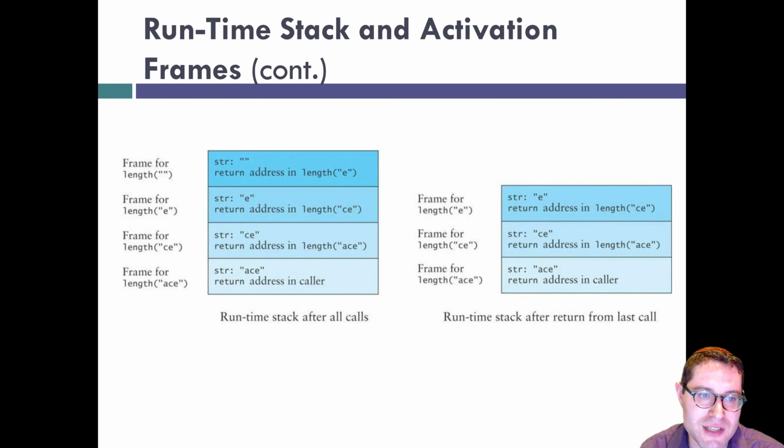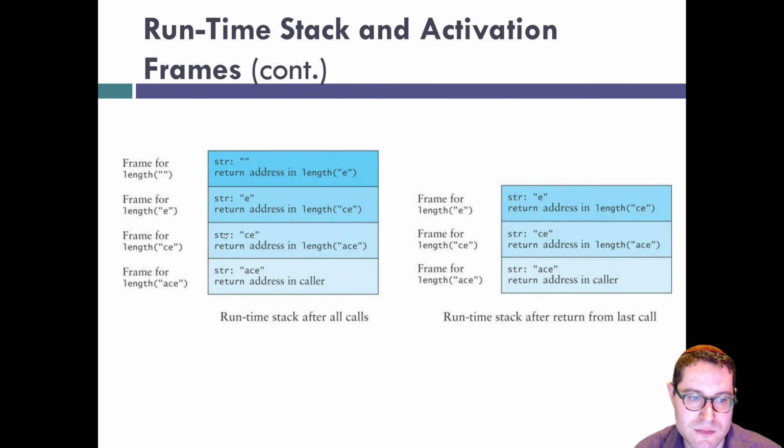So what it looks like is something like this with our length function, length of ace. The string will be ace, and then it will contain the return address of main, which called it. And then that will call length of CE. It will be 1 plus the length of CE, which will be 2, but we don't know that yet.